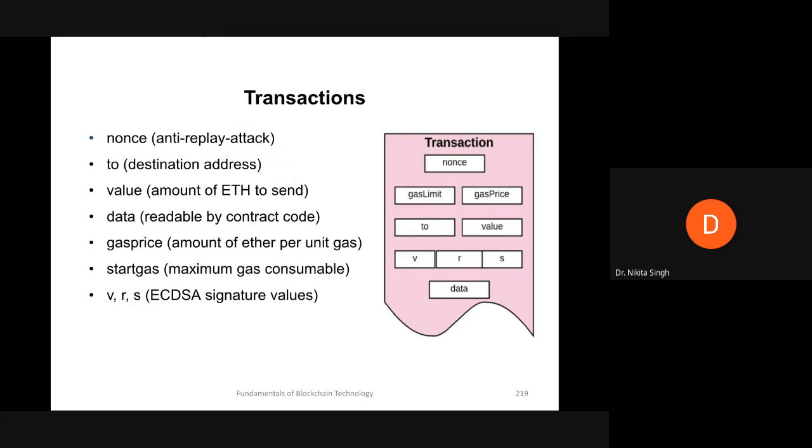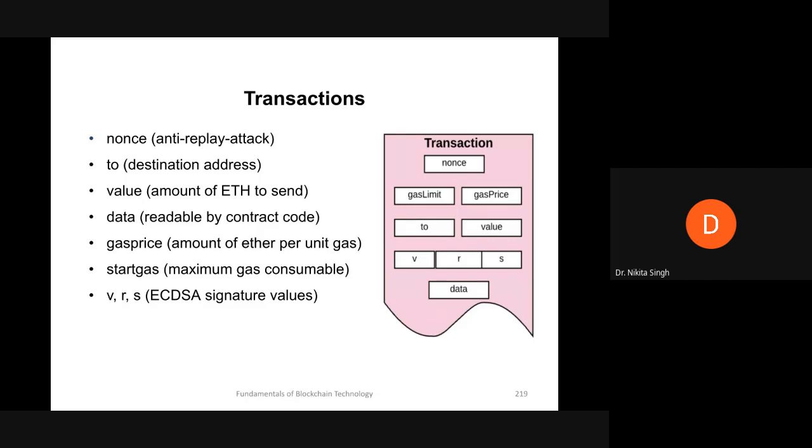Let us see it with the help of an example. Suppose you have a smart contract. It will have some Ethereum address, and it will also have a payment.